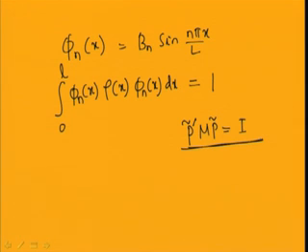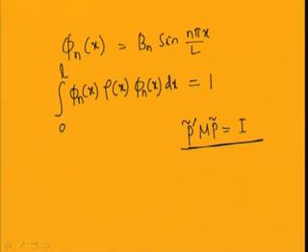Similarly, by making this normalization you are normalizing the mode shapes of the nth mode. So, to normalize, you write the integral of phi n x into rho x into phi n x dx equal to 1. For the string, the mass per unit length rho is constant, so I can take it out.